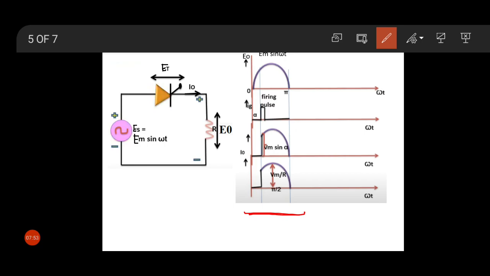From 0 to alpha, the current across the load is 0. After alpha, the thyristor turns on and current flows through the load, and that's why after alpha we get output current.